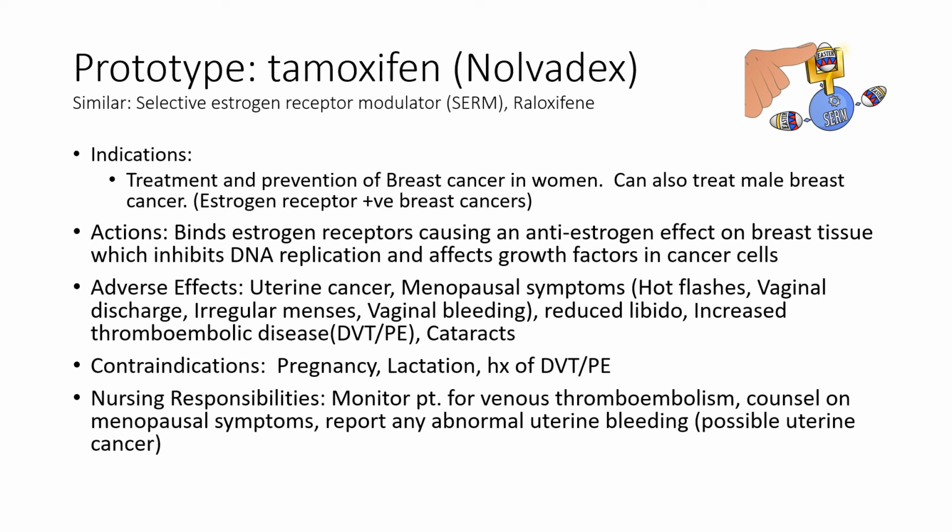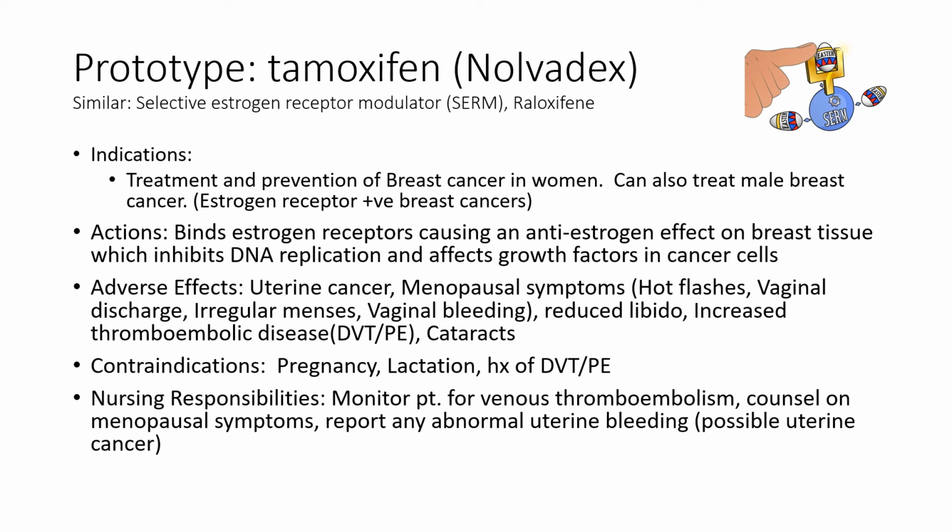On the vascular system, tamoxifen acts as a stimulator of estrogen receptors. And estrogen, as we may know from birth control pills, puts you at a slightly increased risk of DVTs and PEs, pulmonary emboli. So being on estrogen, whether in a birth control pill or in this case tamoxifen, puts you at a slightly increased risk of DVTs and PEs.